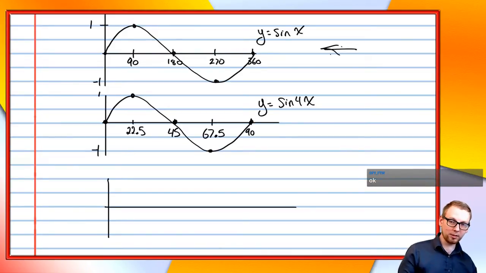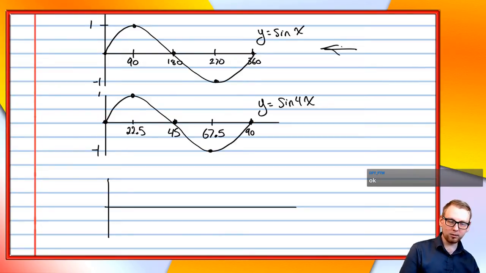So what you did was you took the full period and divided by 4. So 360 divided by 4 is 90. Well, I took each other value that's critical for me to graph sine, which was 90, 180, and 270, because those are the special values that it'll go through in the cycle.